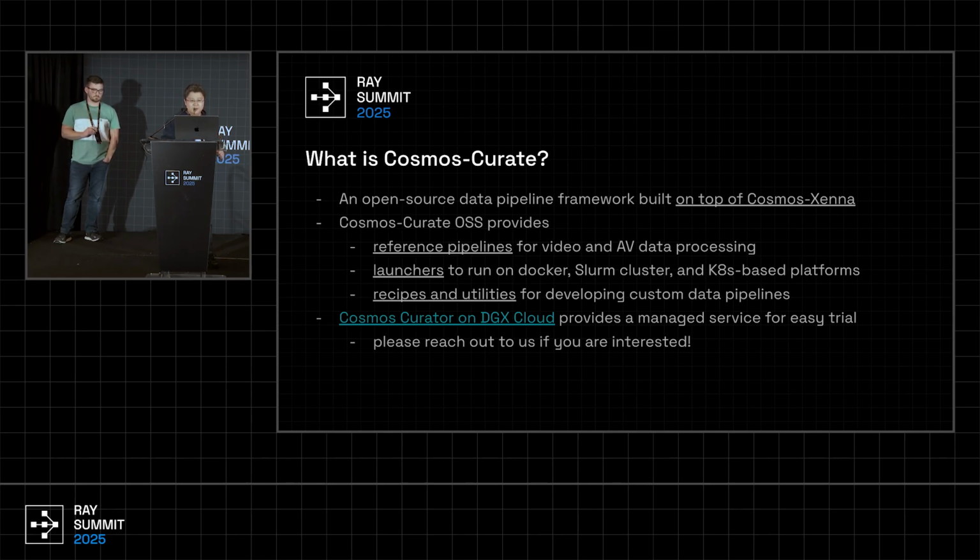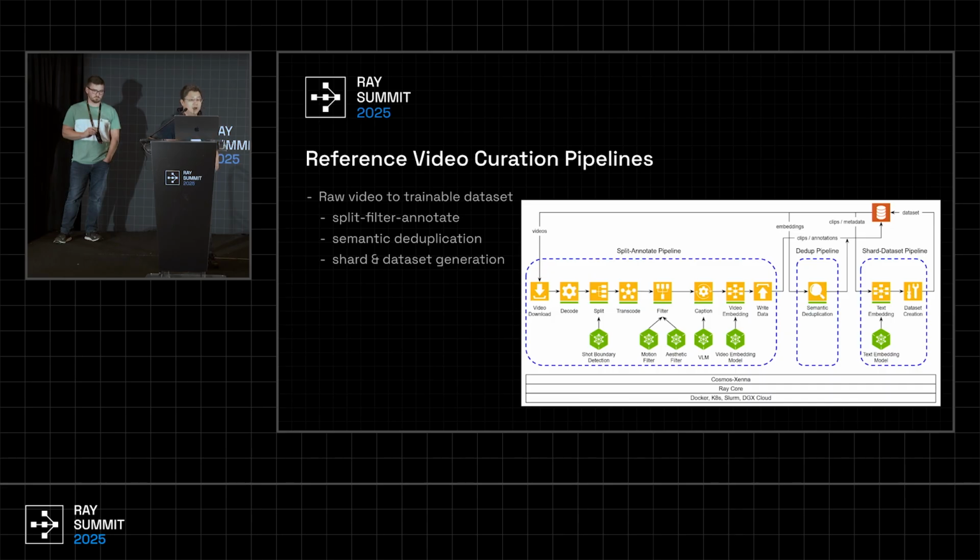Here we describe the video curation pipeline as a reference we provide along with Cosmos-Curate. Let's say you have a lot of internet videos that you want to turn into a trainable data set. We have 3 pipelines here.